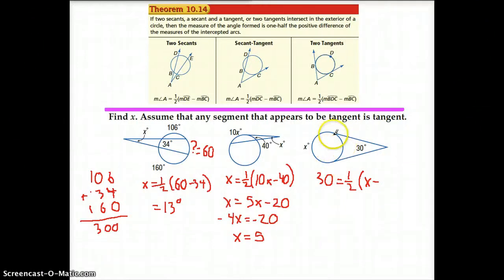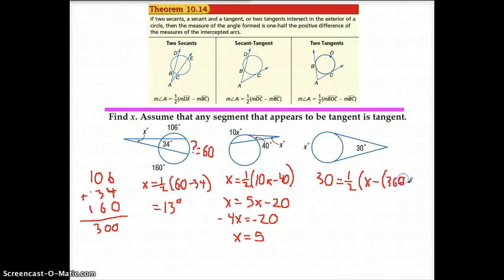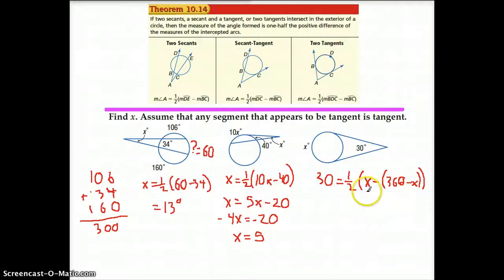The little arc, since I know that the big one is x and the whole thing is 360, is going to be 360 minus x. And we've got to watch our signs a little bit here. I distribute my negative in, turn this into a plus, that into a minus, this into a plus, and 30 is equal to 1/2 times 2x minus 360.